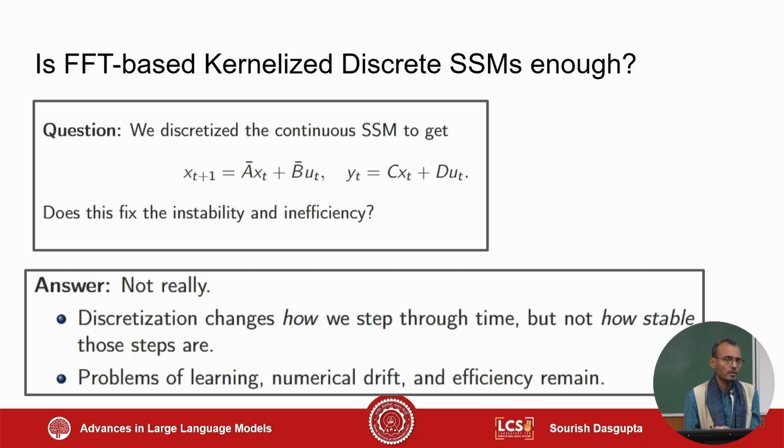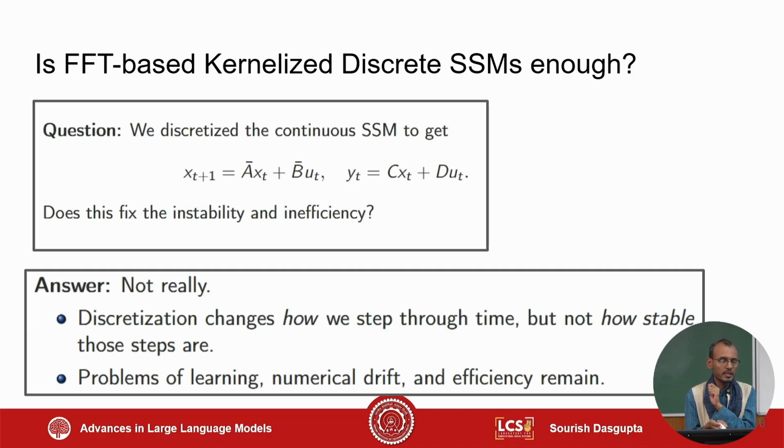It's never going to guarantee you stability, in the sense that you do get the discretization, so you do get how we should step forward as we go over time. So how the changes happen, we understand from this equation.